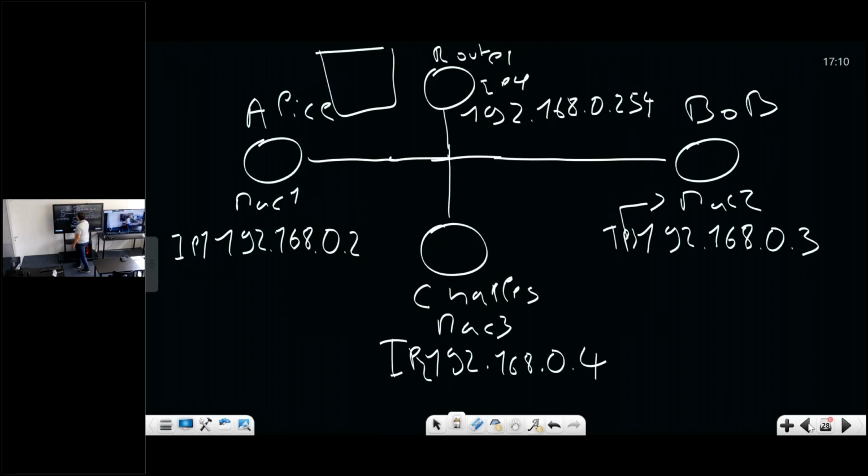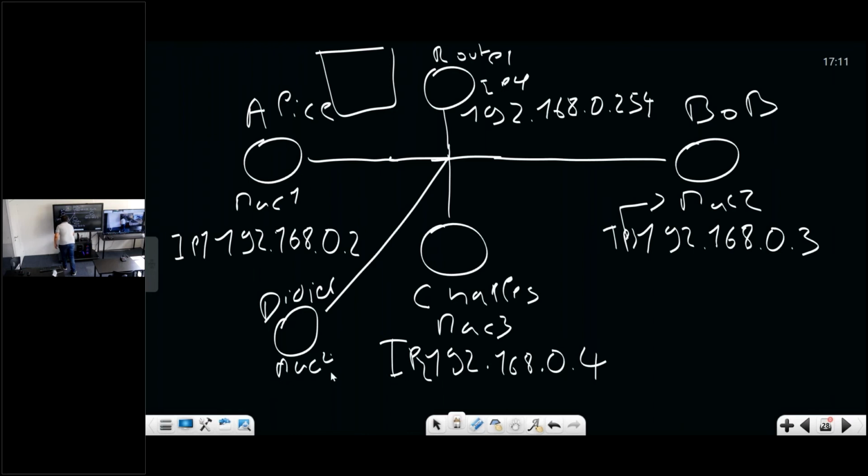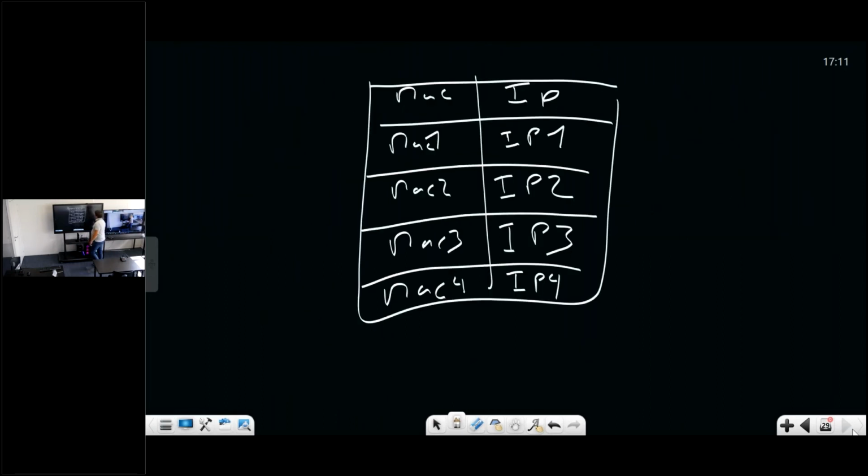this time it's Didier. Didier has his own MAC address. MAC4 is already here, so here it's MAC5. And Didier wants to know who is on the network. So he will start an ARP request.